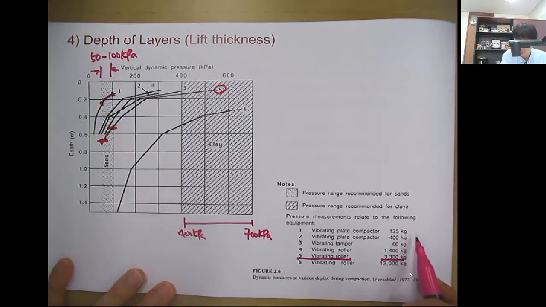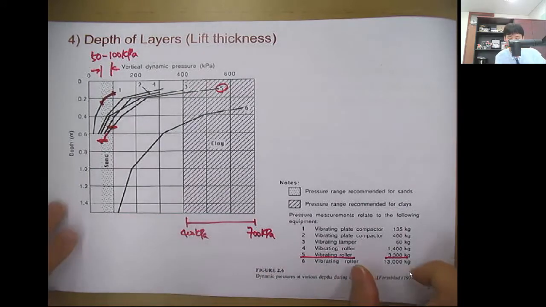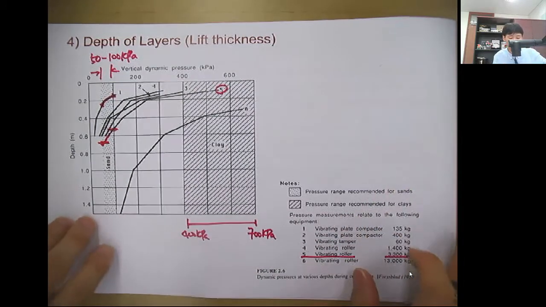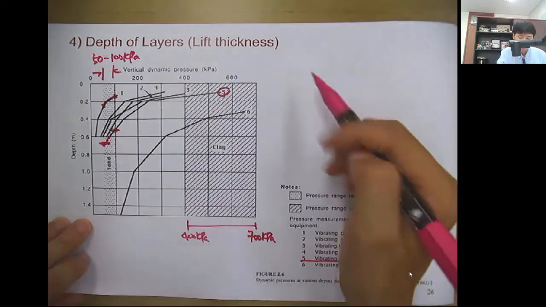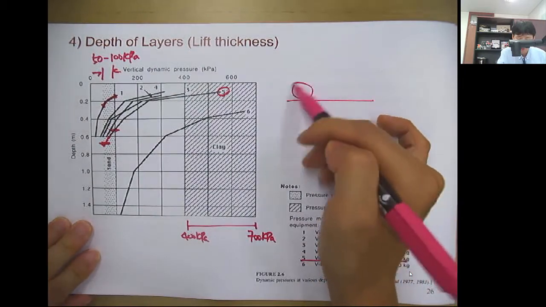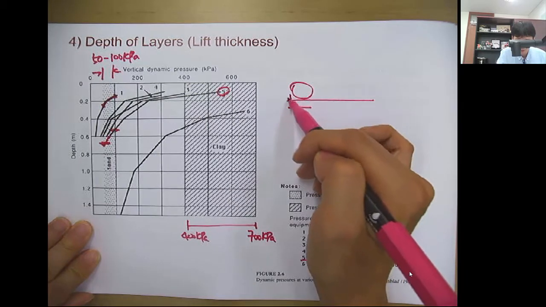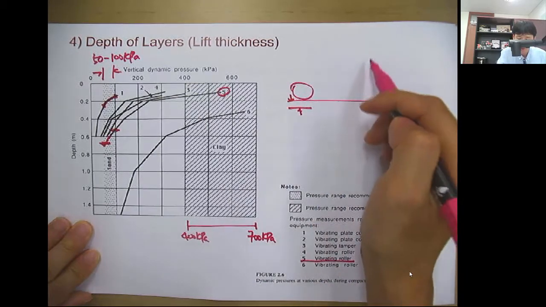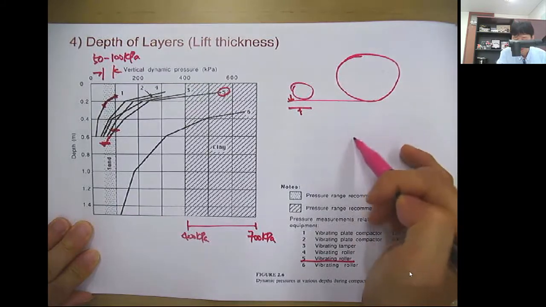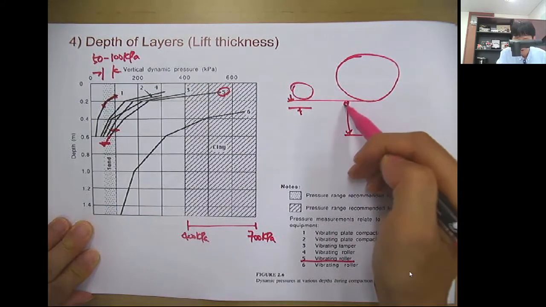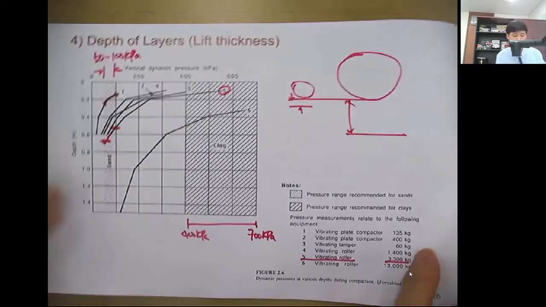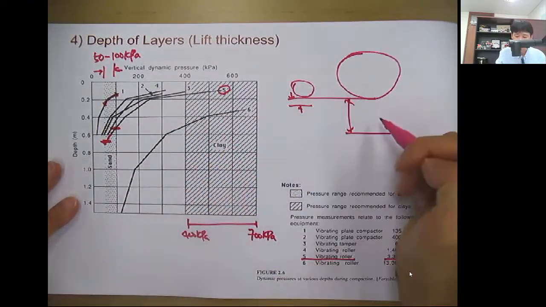So with heavier equipment, you have a higher lift thickness or a thicker lift, because you have a higher compactive effort, and it can also transfer the load to a deeper depth. So if it's small, we have only this much lift thickness, but with a heavier drum, you have this much lift thickness with this proper pressure range.